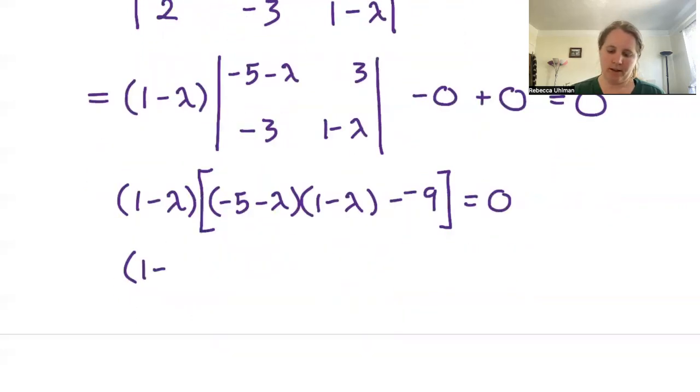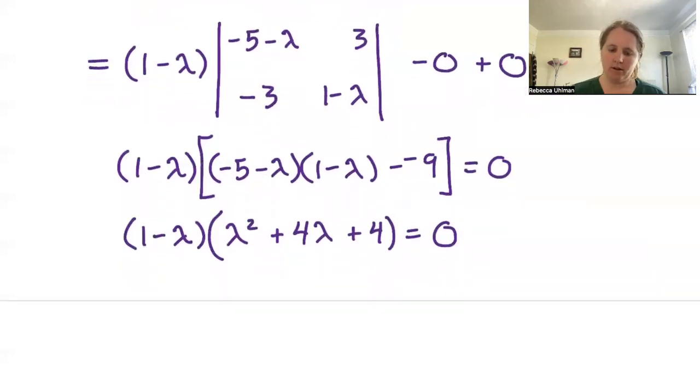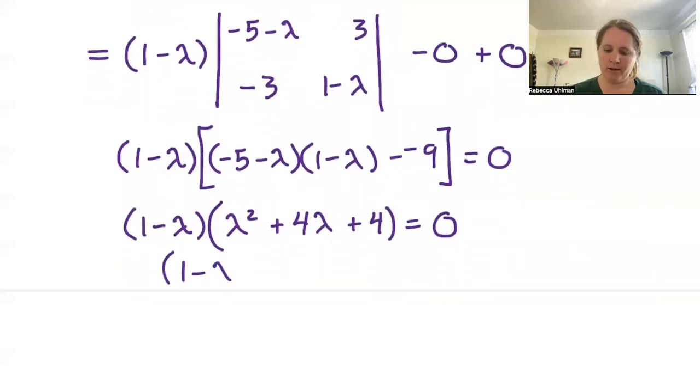So this is 1 minus lambda times lambda squared. Then we have plus 5 lambda minus lambda becomes plus 4 lambda. And then we have a -5 and a +9 is +4. So we are looking at 1 minus lambda times lambda squared plus 4 lambda plus 4, or 1 minus lambda times lambda plus 2 squared is equal to 0.